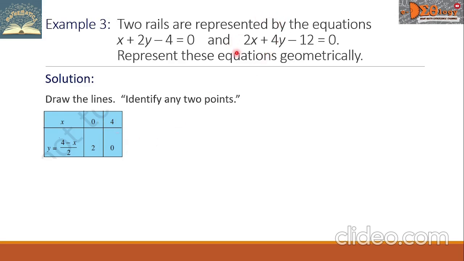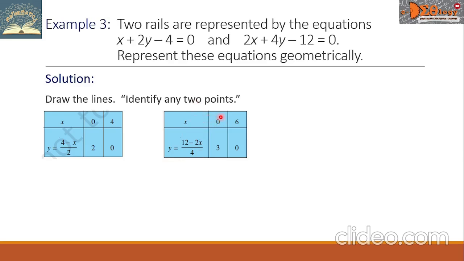Next, our second equation. This is our table of values. Row for x, row for y. On this box, we rearrange our equation such that y is alone on the left. So we have y equals 12 minus 2x over 4. Now, let's assign 0 to x.